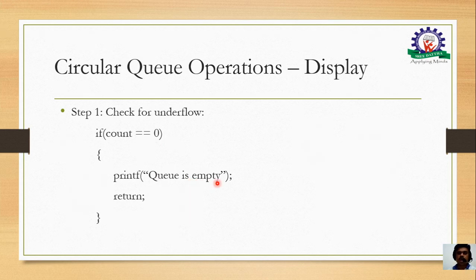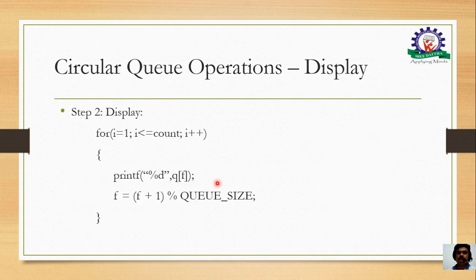Suppose the condition is not satisfied, then I go for displaying the array contents as usual, using a for loop. But how can I limit the iterations? I will start with the index value 1 up till the maximum count value, up till the queue size.